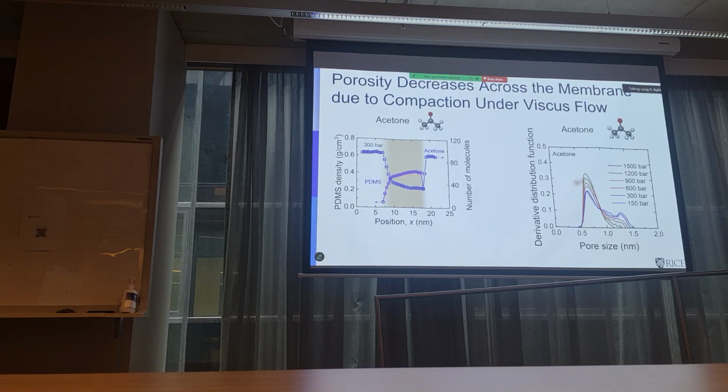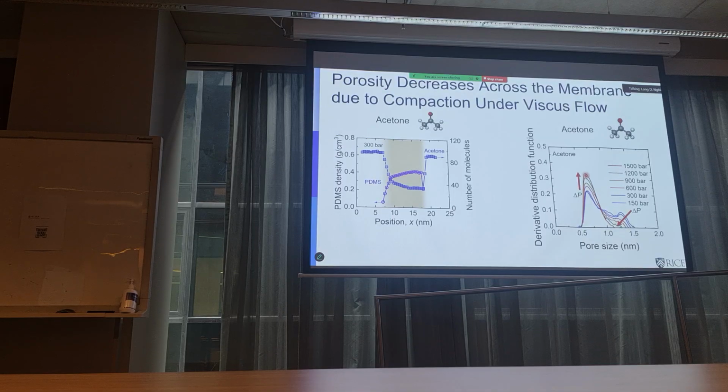So what's happening here? Here I'm showing you the pore size distribution of the PDMS membrane with acetone at different pressures. Now, there are a lot of numbers here, but I will guide you through the lines. When you increase the pressure, the large pores are compressed. And if the large pores are compressed, you will have more, smaller pores, and this is why they go up, more smaller pores.